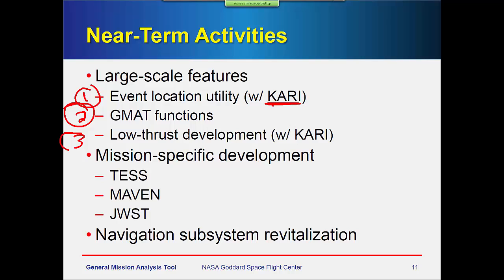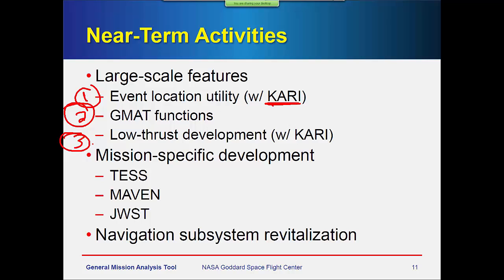And then 3, we have low thrust development. So GMAT can do low thrust in sort of a naive general finite burn model way. It is not set up right now to be able to design low thrust missions from scratch, where you have to do things like multi-segment trajectories with tens to hundreds to thousands of segments and use tools like optimal control methods.